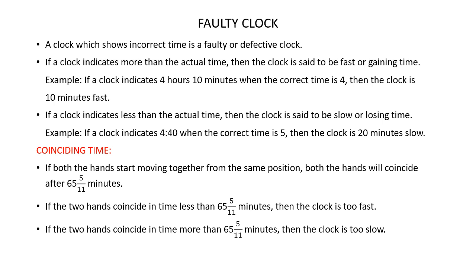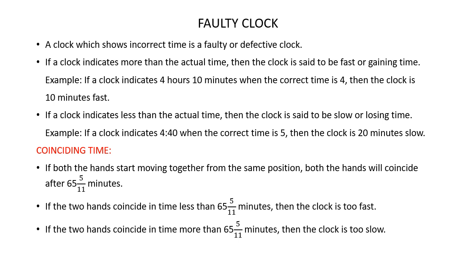If a clock indicates more than the actual time, then the clock is said to be fast or it is gaining time. For example, if a clock indicates 4 hours 10 minutes when the correct time is 4 o'clock, then the clock is 10 minutes fast.